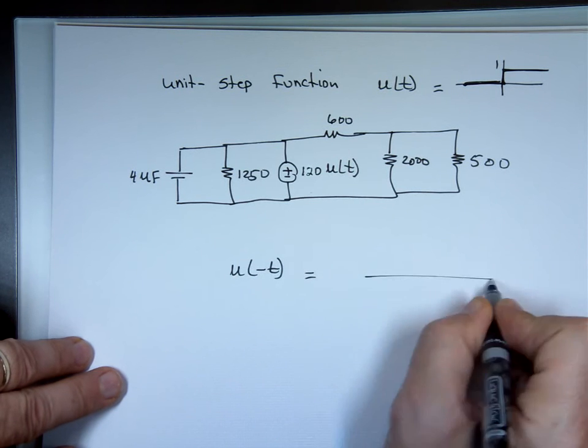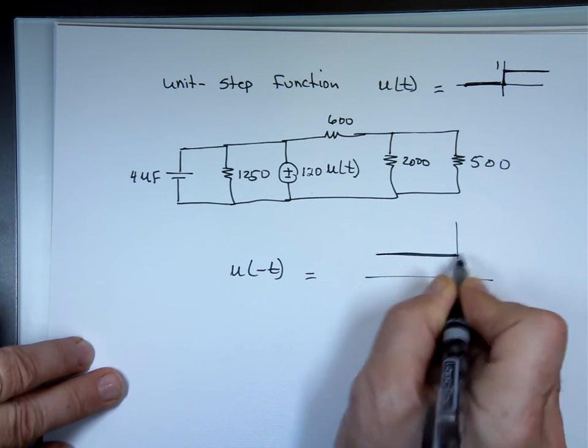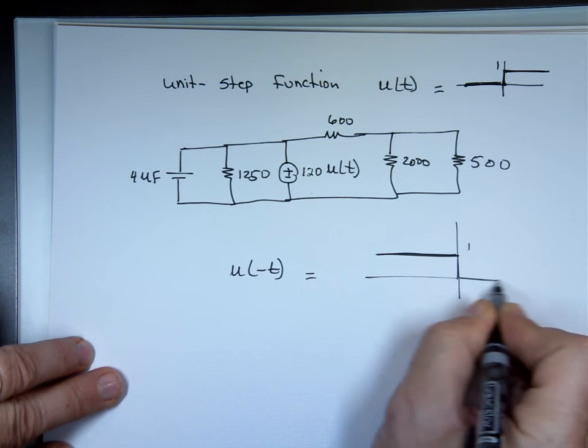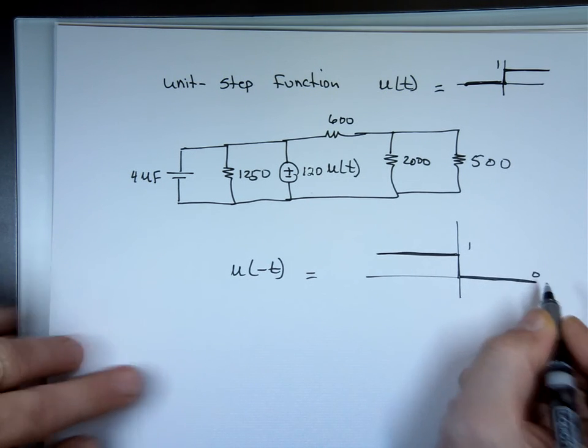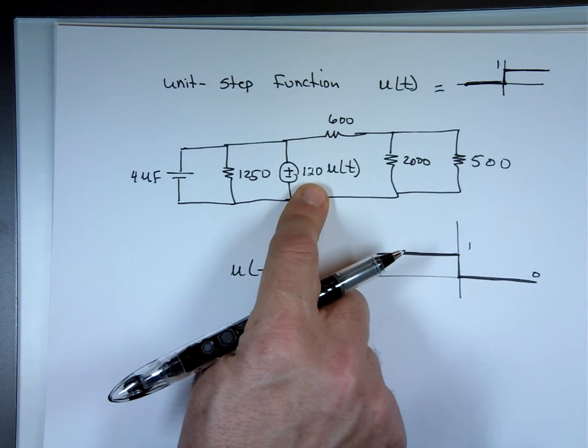That's a switch that has a value of 1 for t less than 0, then it goes to 0 for t greater than that. If you want to put 5 volts, you go 5 u sub t. 7 volts, 7 u sub t. So from now on, instead of using switches opening and closing, we just use that function to replace that.